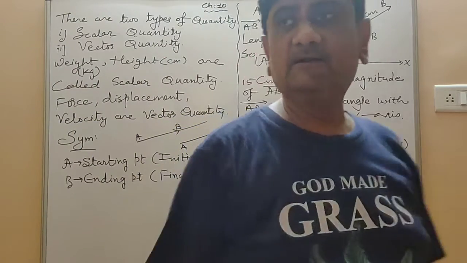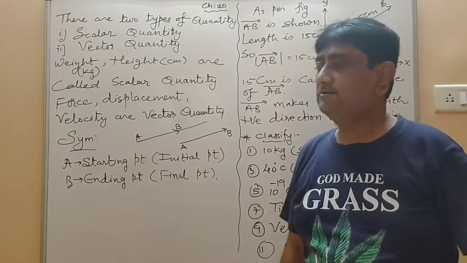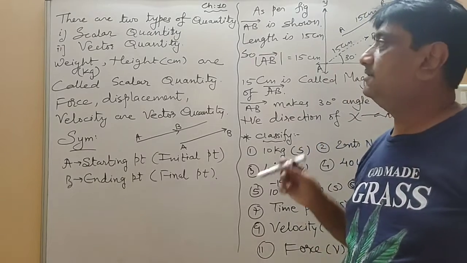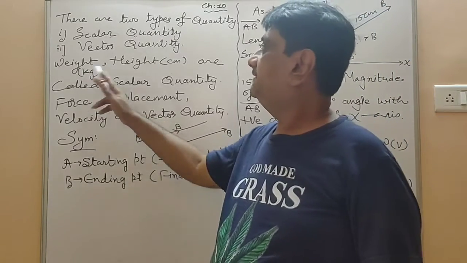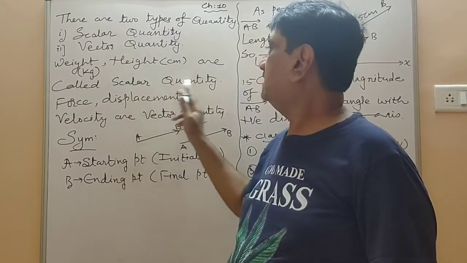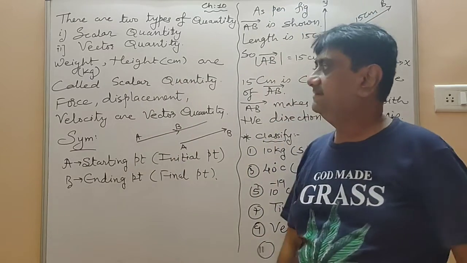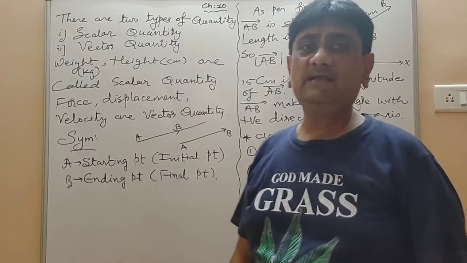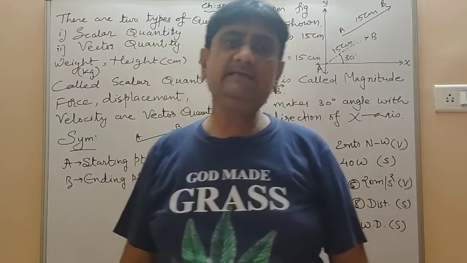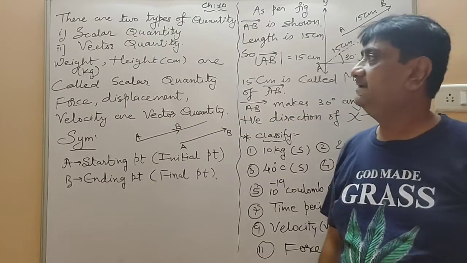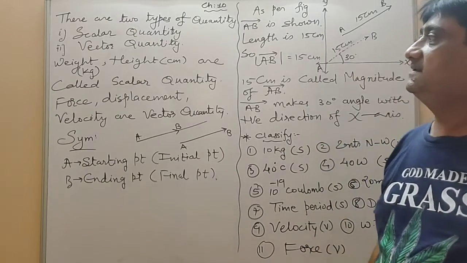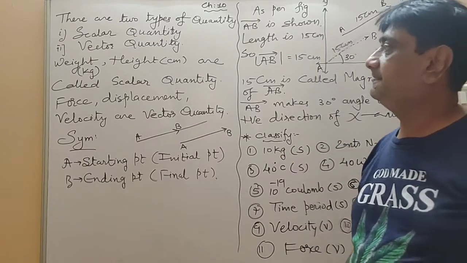And vector quantity means quantity having direction. Suppose weight and height are called scalar quantity. Weight is in kg. Suppose 50 kg, 60 kg weight is there, but no direction is there. Therefore, it is called scalar quantity.